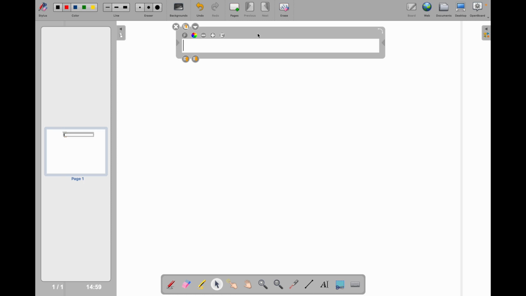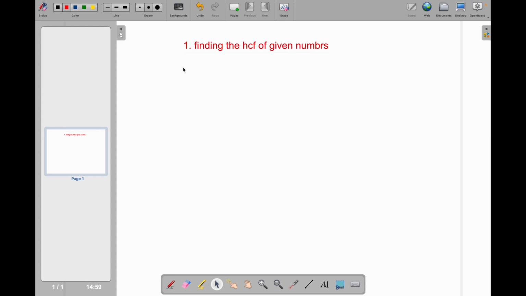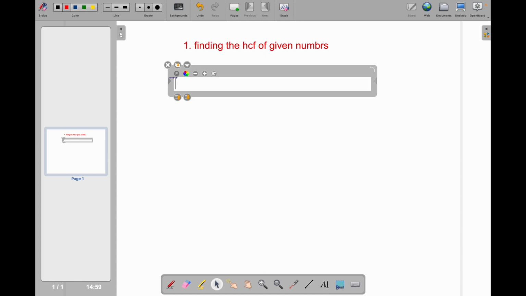So now let's start with finding the highest common factor of given numbers. Let's start with 18 and 24.